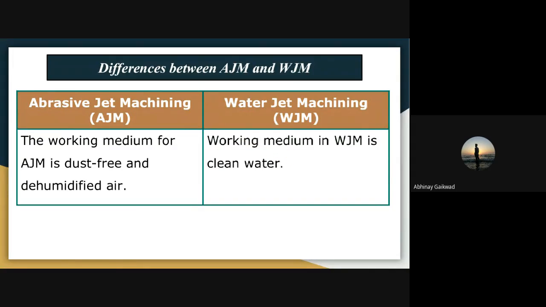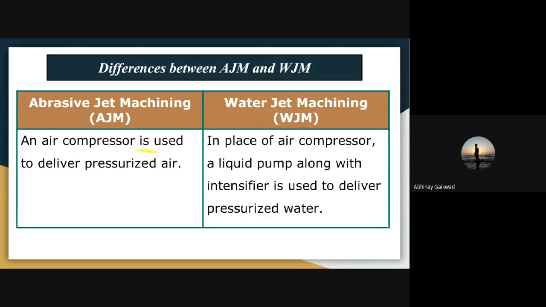Okay, now the third point about AJM is that an air compressor is used to boost the pressure of air, because here air is used as a carrier gas. So to make pressurized air, we require the air compressor.